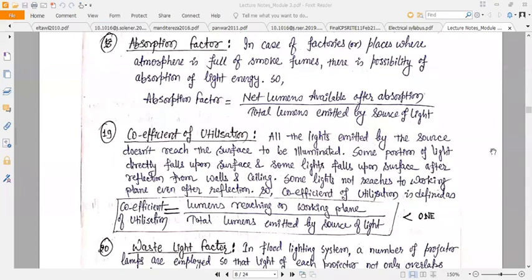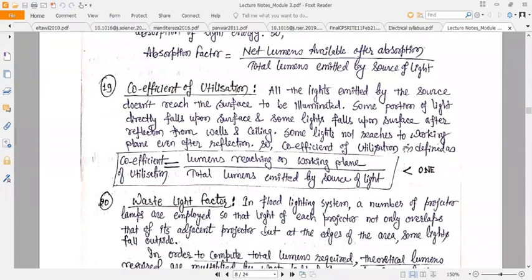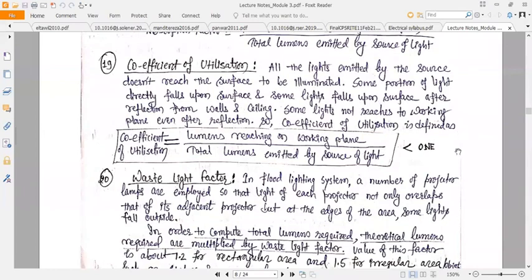Next one is coefficient of utilization. Coefficient of utilization is the ratio of the lumens reaching the working plane divided by the total lumens emitted by the source of light. It is very much similar to the absorption factor.